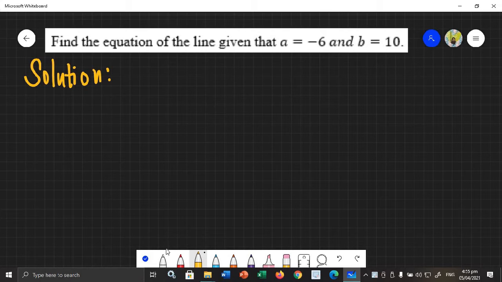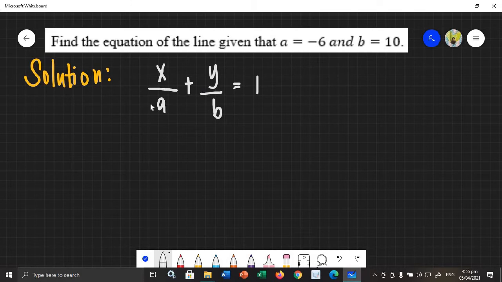Using these values, we can now solve for the equation of the line using the intercept form, x over a plus y over b equals 1.